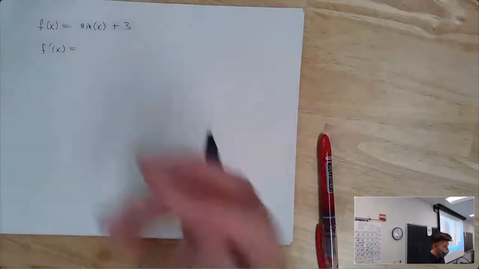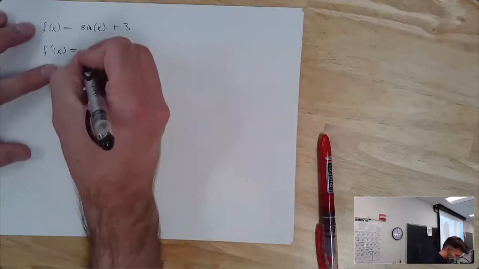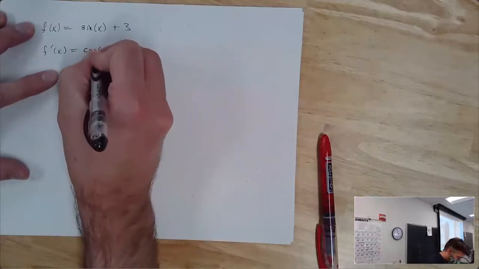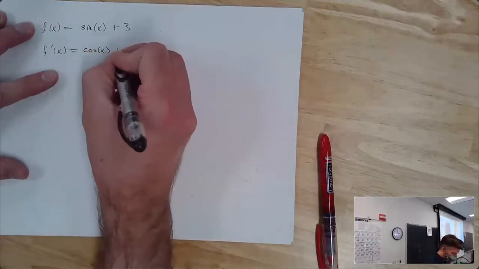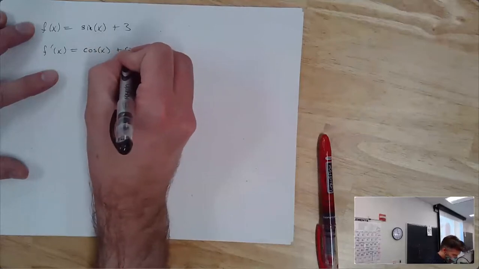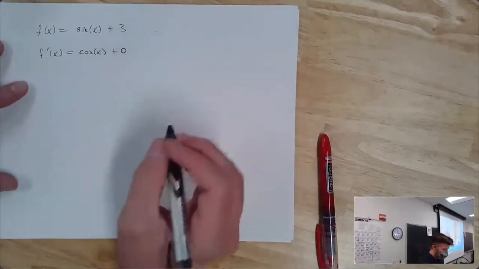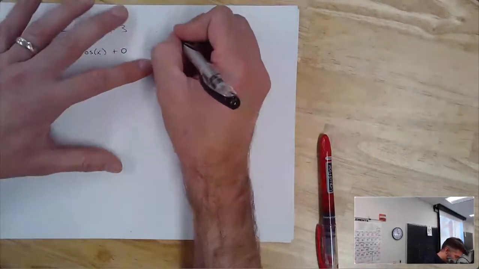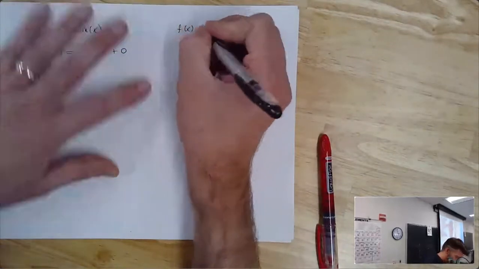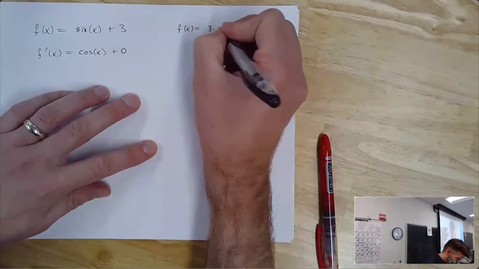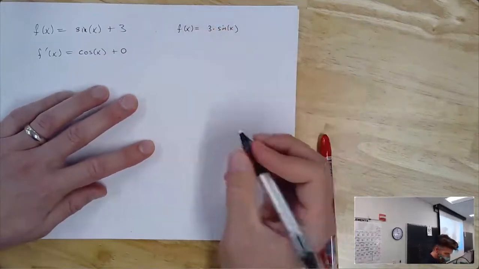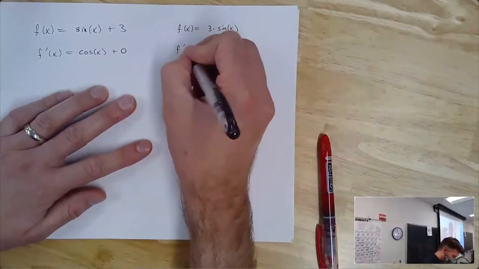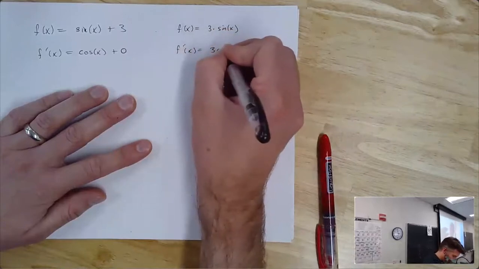It's not meant to be a complicated question. The derivative is, I heard someone whisper it, cosine x plus 0. On the other hand, if your function is 3 times sine of x, what's the derivative? 3 cosine of x. Thank you.